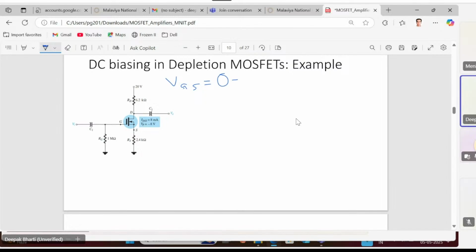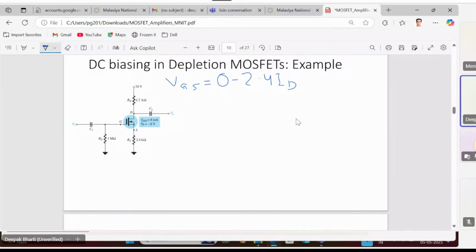What is VS? VS is 2.4 times ID. So effectively VGS is minus 2.4 ID.